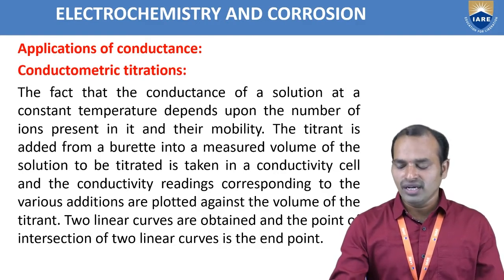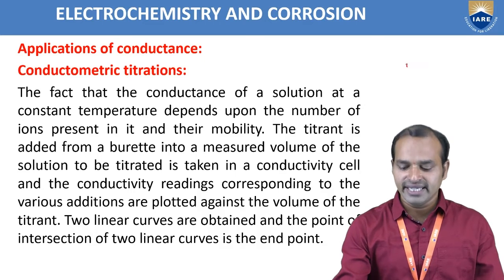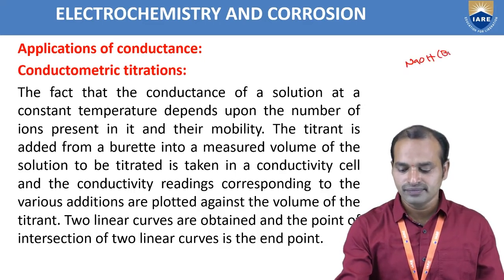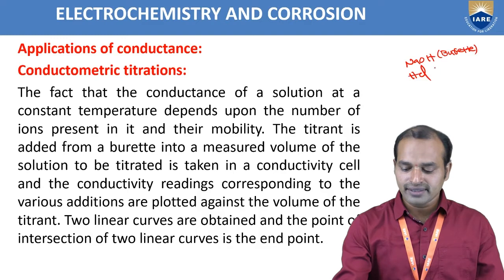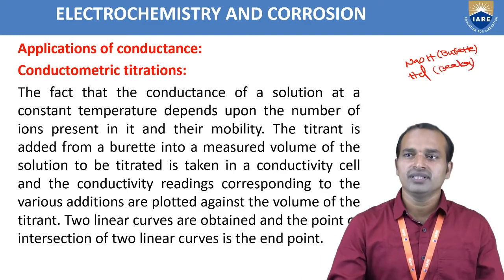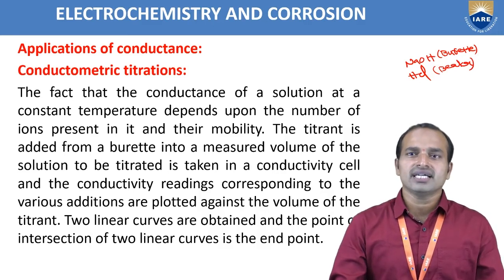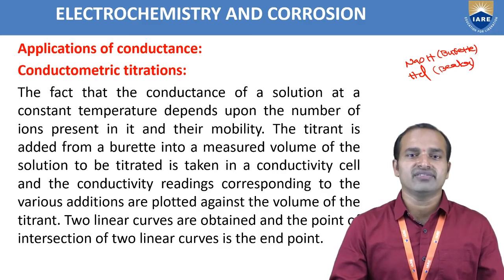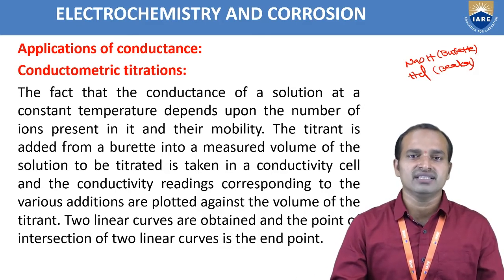Suppose, for example, in the burette we take NaOH and in the beaker we take HCl solution. In this conductometric titration, we use the conductivity meter, and to it we connect the cell.